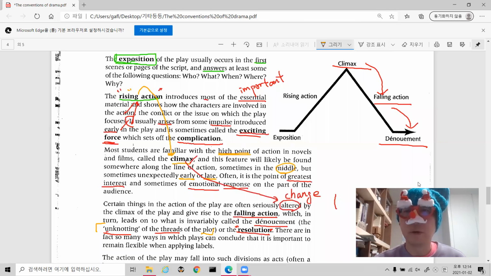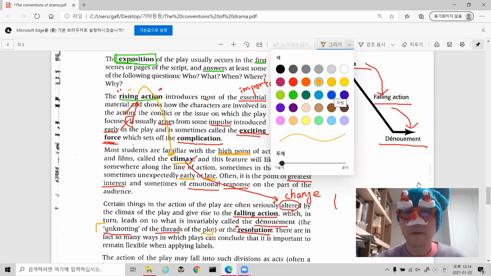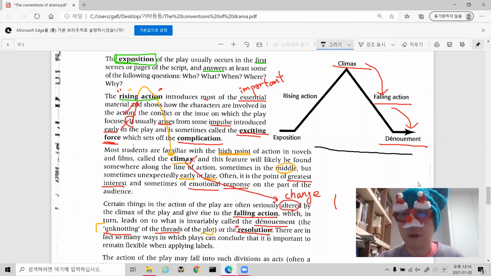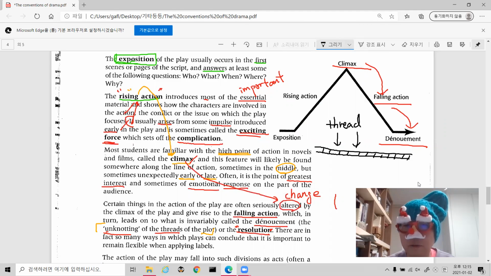Okay, so here, this is a thread, right? And sometimes the thread becomes knotted, very complicated, right?